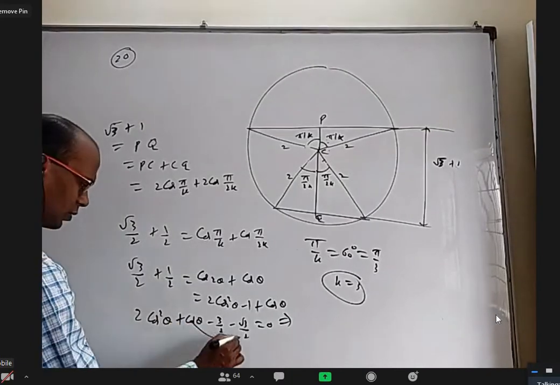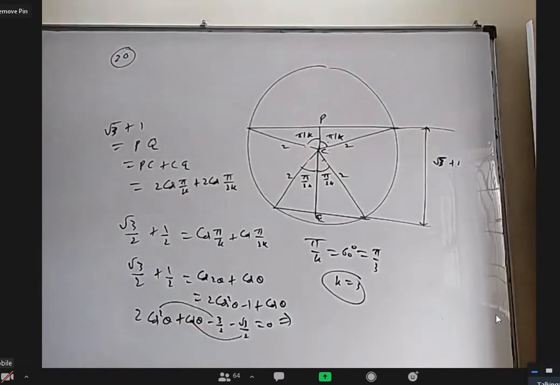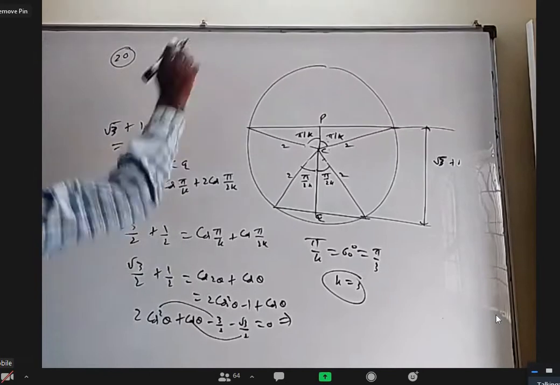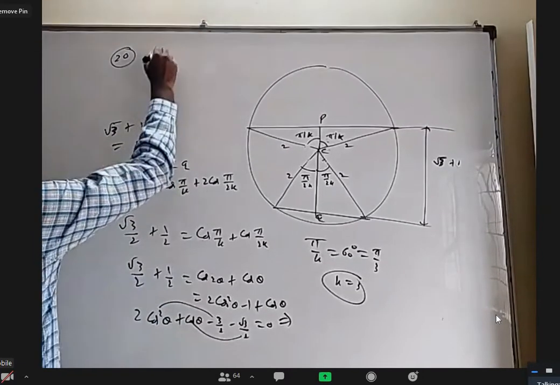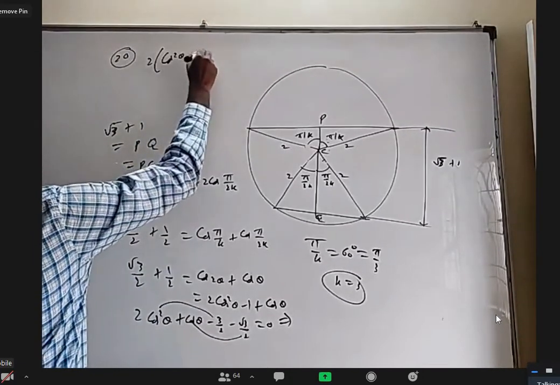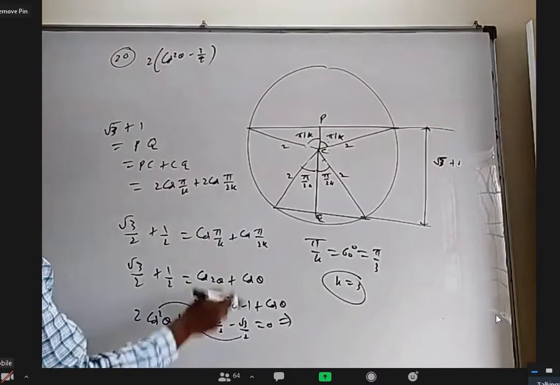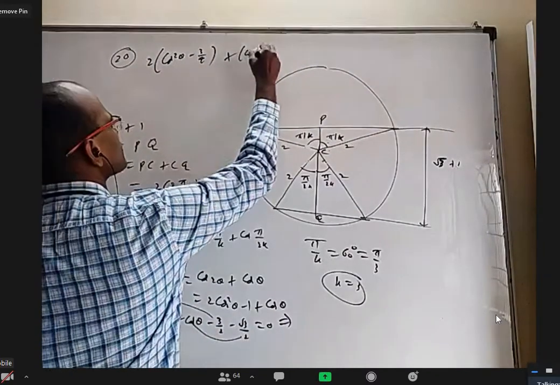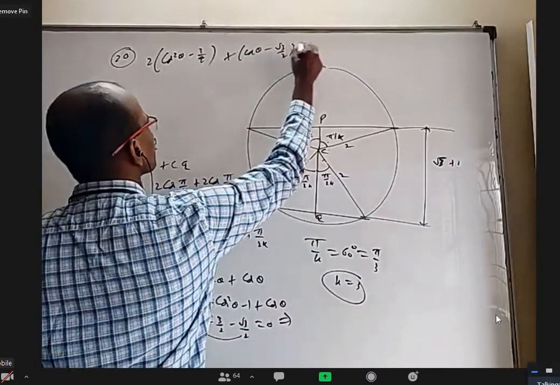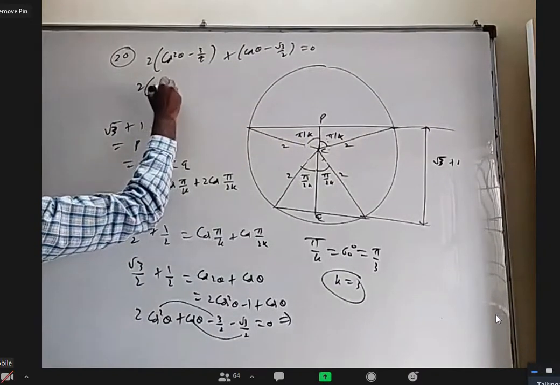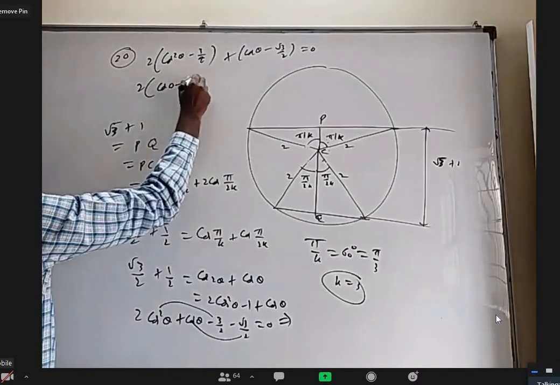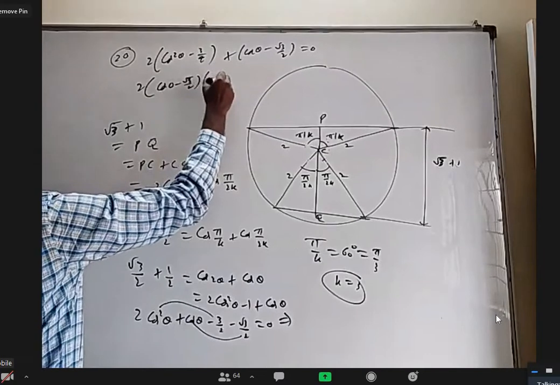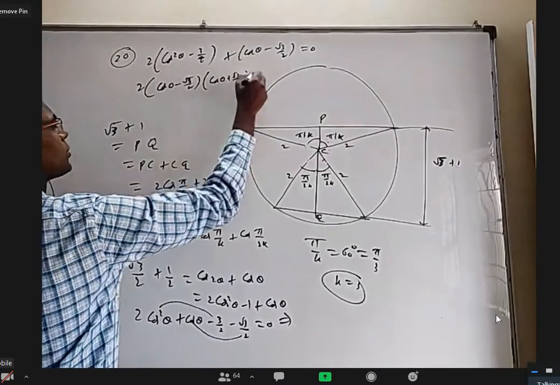I'll take this and I'll take these two. Let us see how to do this. From these two, take 2 common, you will get cos square theta minus 3 by 4. From these two, cos theta minus root 3 by 2. Even this one, I can write as cos theta minus root 3 by 2 into cos theta plus root 3 by 2.